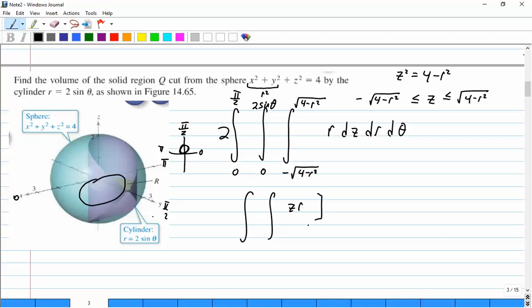And evaluate that from negative square root of 4 minus r squared to positive square root of 4 minus r squared. So that's going to be r times what? The square root of 4 minus r squared minus the negative square root of 4 minus r squared?